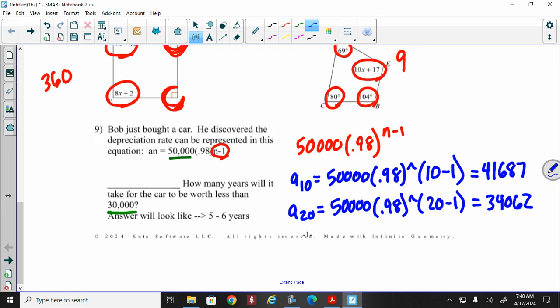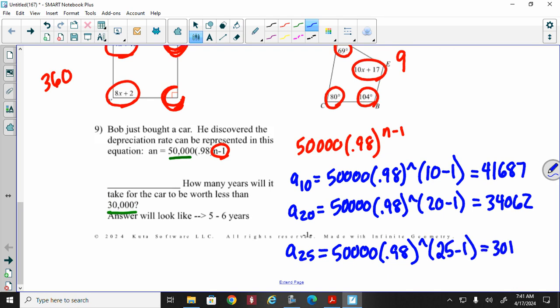So once we're getting closer, a lot of you guys have gotten a pretty good way of doing this. Typically what y'all do is start honing in. A lot of y'all just go, A of 25, 50,000 times 0.98 to the 25 minus 1, and that gives me 30,173. Well, that's getting pretty close now.